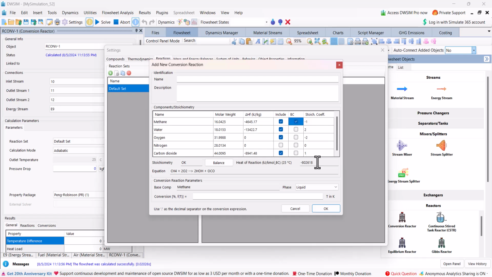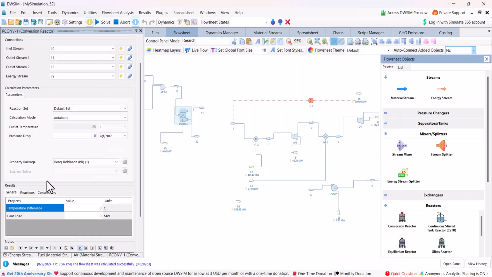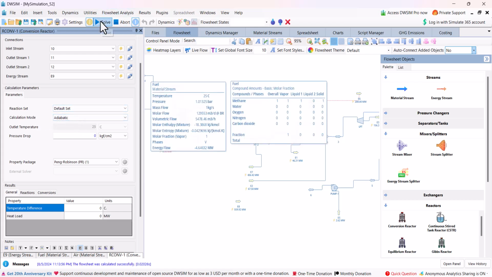I add methane there. It will be the base component, phase will be vapor, and conversion will be 100%. So reaction set will be default set. Calculation mode will be adiabatic, and then we can solve it.